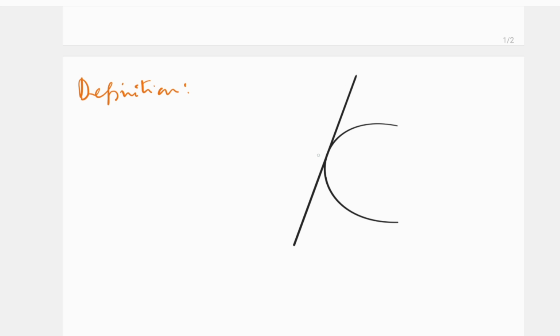Now I shall take the point P here, and this is the curve C. Now I will draw a normal at point P, a perpendicular. This is the perpendicular drawn on P. We call it a normal. And this is a tangent.